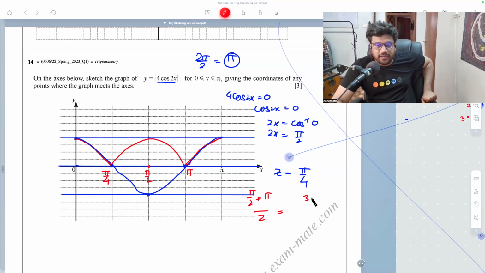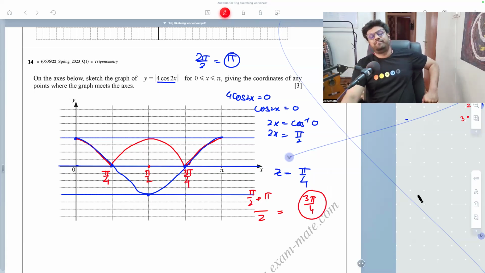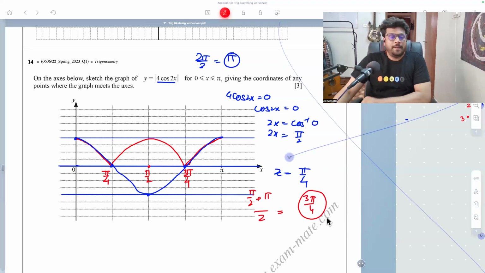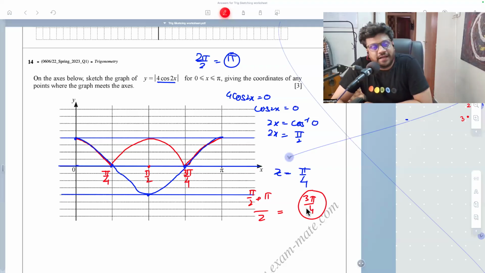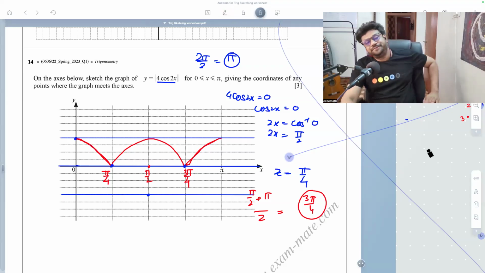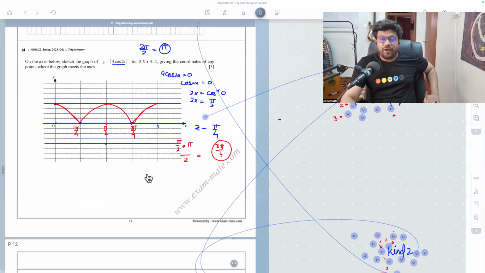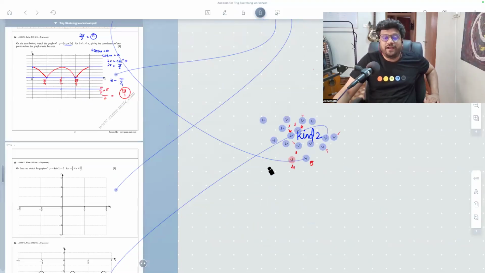That's 3 pi by 4. 3 pi by 4. There it is. 3 pi by 4. The one in red is your curve. So there it is. Your entire curve.